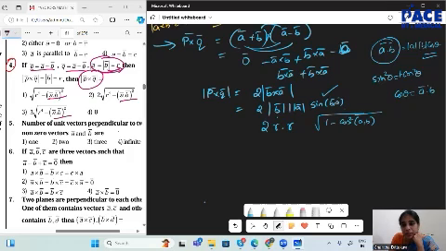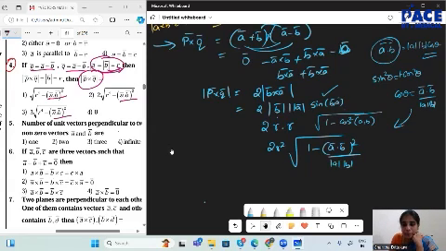Cos theta is nothing but A dot B by mod A mod B. That is what I'm going to apply here. This is 2R square under root 1 minus A dot B whole square by mod A mod B whole square again here also.